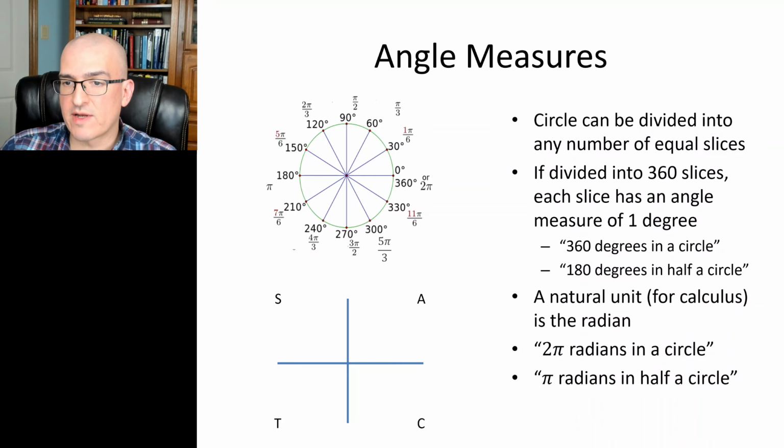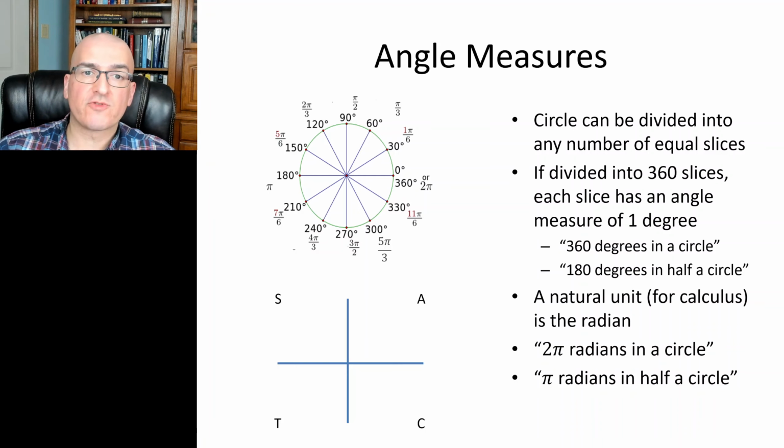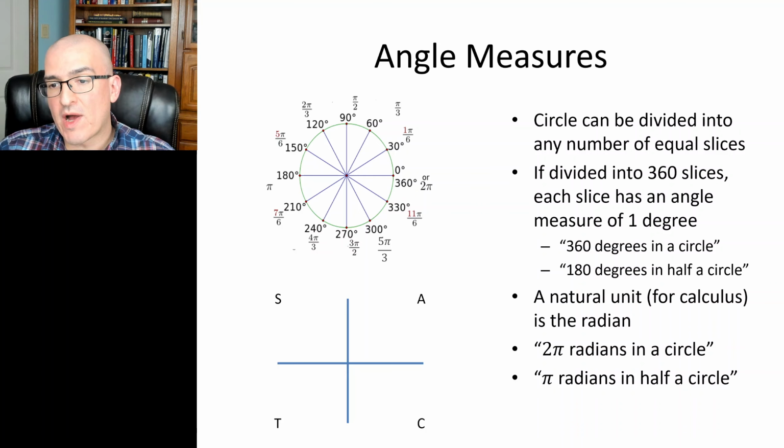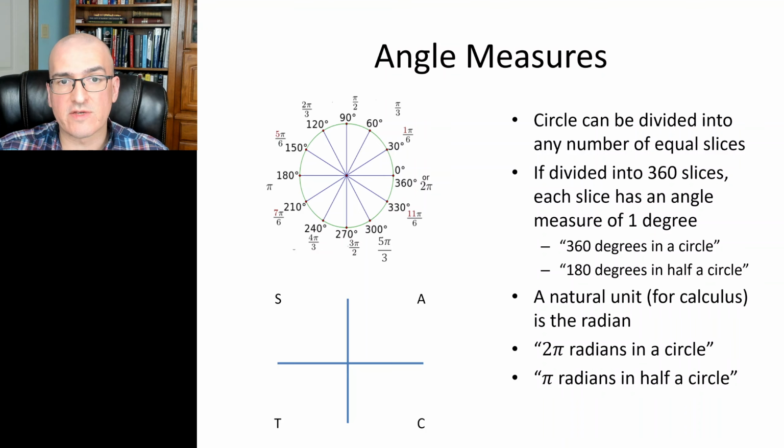It's 1 degree wide. So we say 360 degrees makes an entire circle. 180 degrees, which is 1/2 of 360, makes half of a circle. The more natural unit to measure circles in is called radians. Pi radians gives you half of a circle. 2 pi radians thus gives you the entire circle.